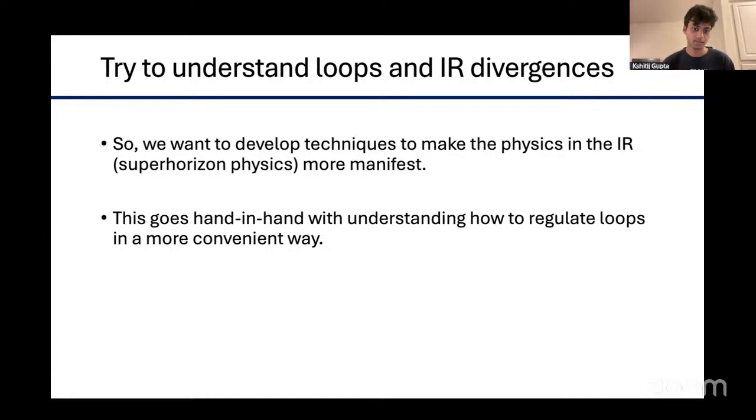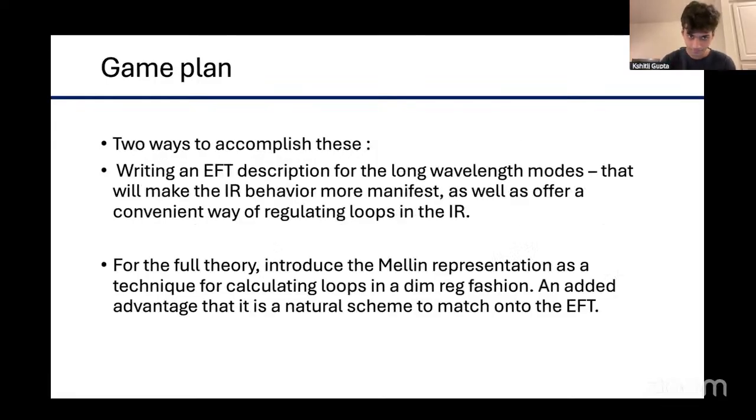This goes hand in hand with understanding how to regulate loops in a more convenient way, so that it makes the technical aspect of handling quantum fluctuations of super horizon modes a lot easier. So that is the big picture motivation for the talk.